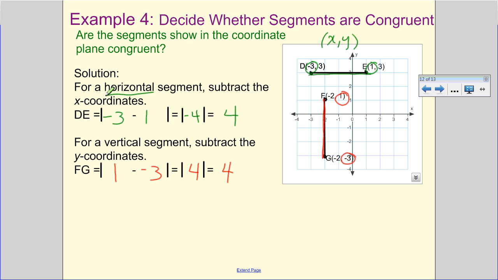If you looked at this and said I want to start from G and go to F to measure my segment, if you did the absolute value of negative 3 minus 1, you would have gotten the absolute value of negative 4, which is still 4. So regardless of which direction we choose to start finding its length, because we're taking the absolute value, we're always going to get the same answer.